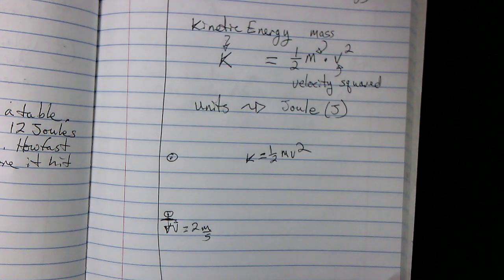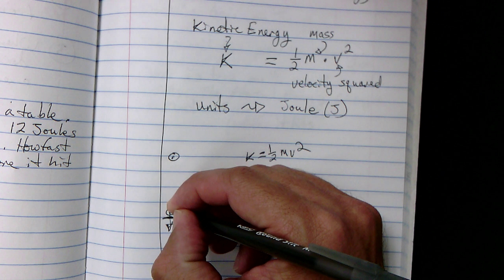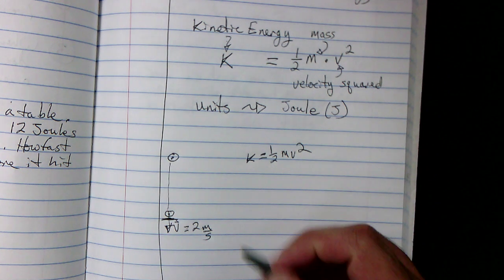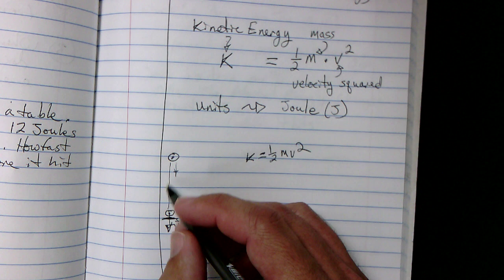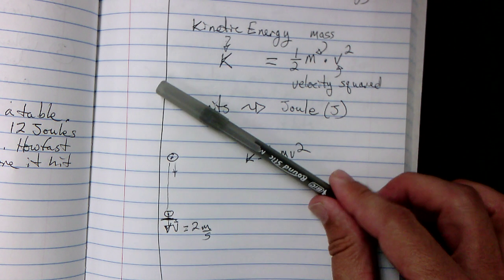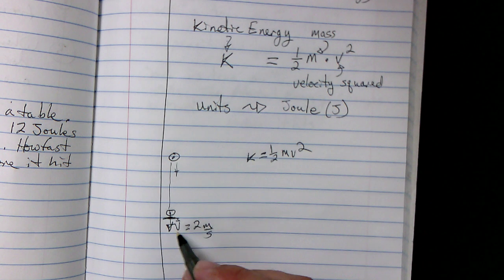So if I take an object, let's say your pencil, and we raise it up a distance, and then I let go, so now it's going to fall. Now it's falling. As it falls, just before it hits the ground, it's still moving, and it has its maximum velocity.